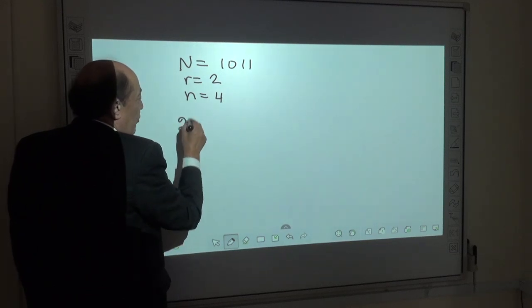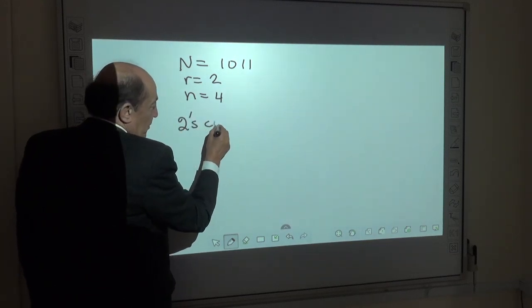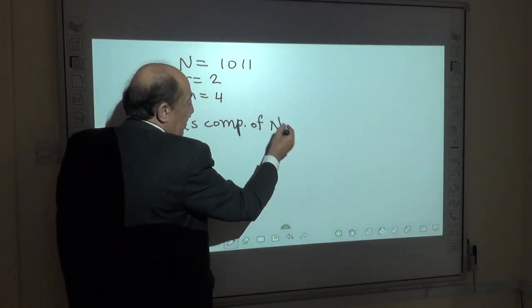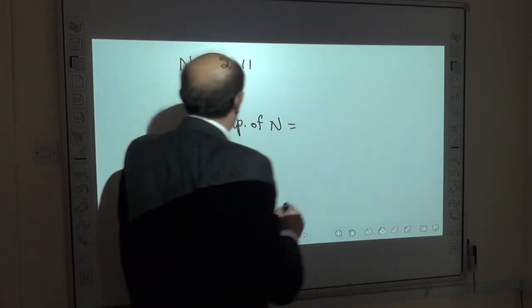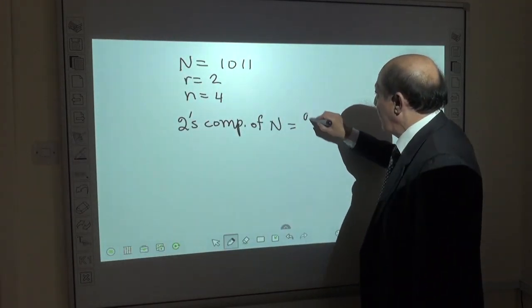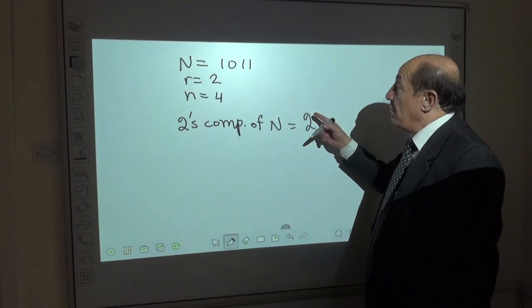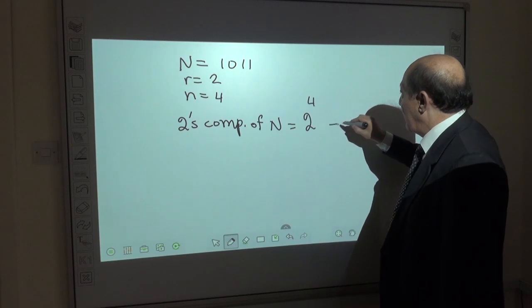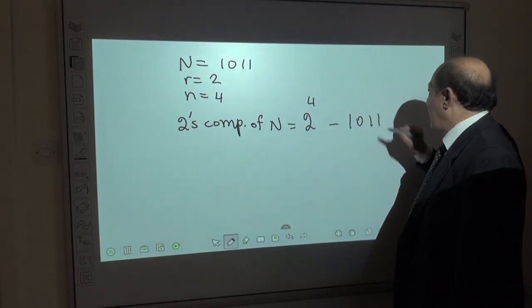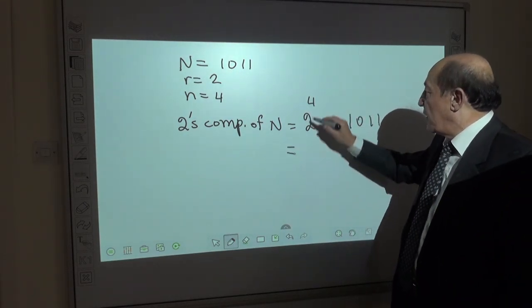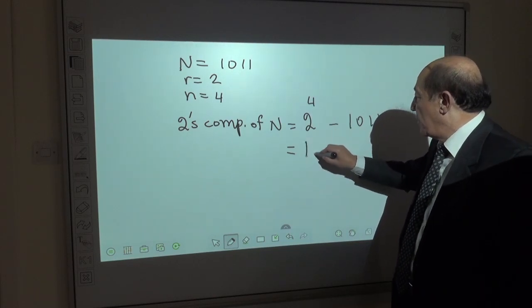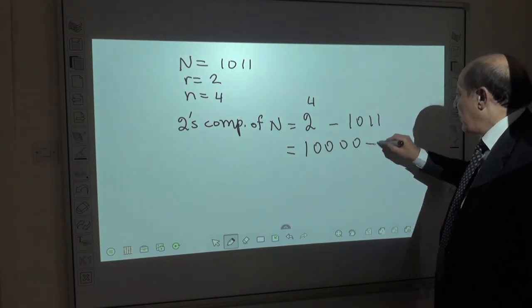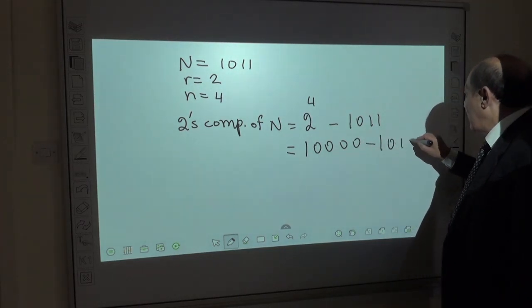So the 2's complement of the number n equals r to the power n, 2 to the power 4, minus the number 1, 0, 1, 1, which is equal to 1 with 4 zeros minus 1, 0, 1, 1.